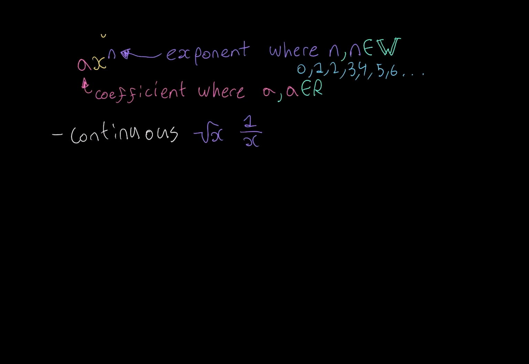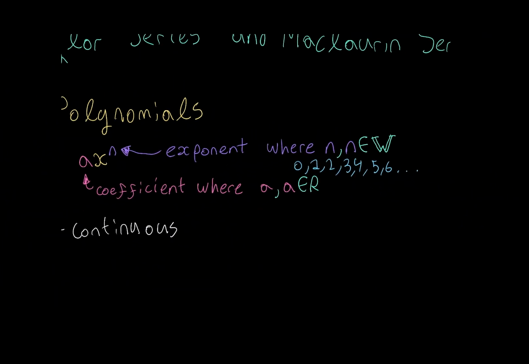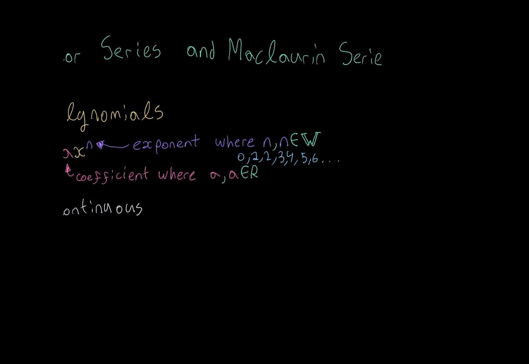Those have discontinuities, but polynomials do not. If you have an elementary function of polynomials, then you will never have a discontinuity, as long as your rules here are respected, like any whole number.